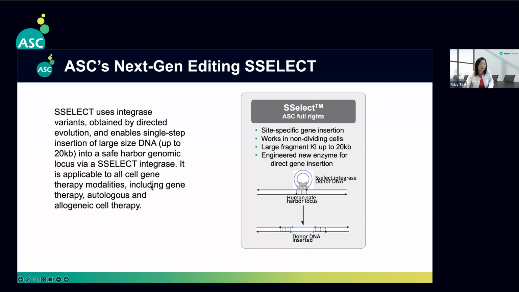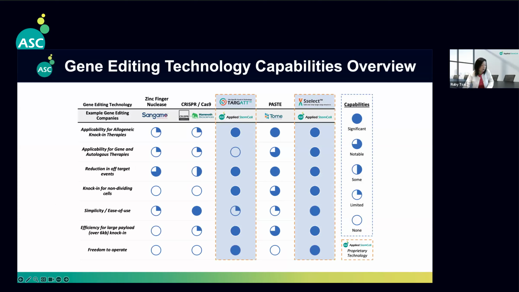And now it is capable of being used in all cell and gene therapy modalities, including gene therapy, autologous or allogeneic cell therapy. So this further gives you a better overview of technology capabilities. Like I said, it really depends on what you want to do, and that's when you want to select the right technologies.